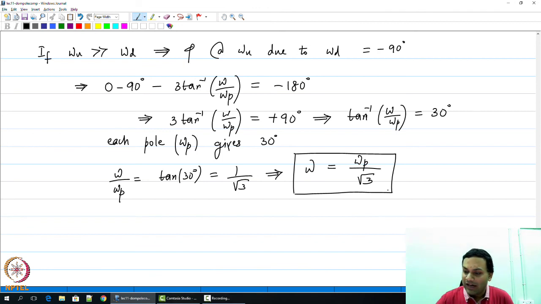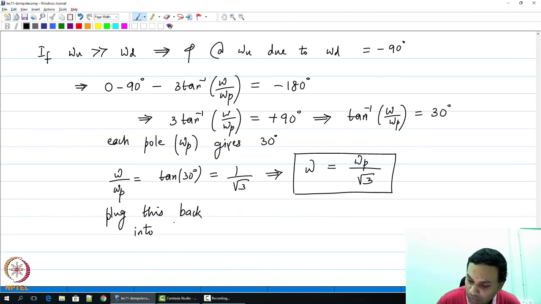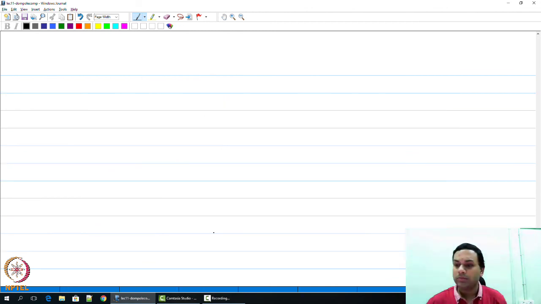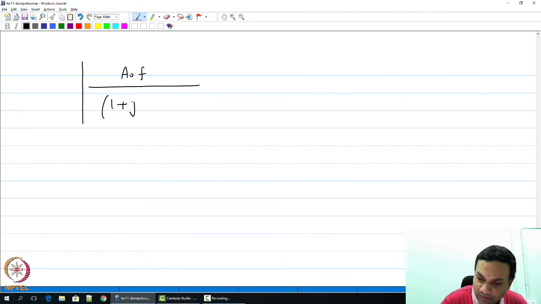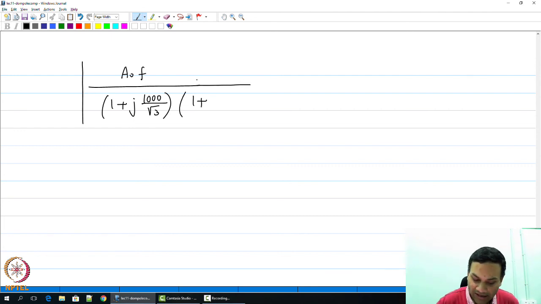So let us plug this back into this equation, and this gives you the magnitude of A0F by 1 plus j 1000 by root 3 into 1 plus j by root 3 the whole cubed.